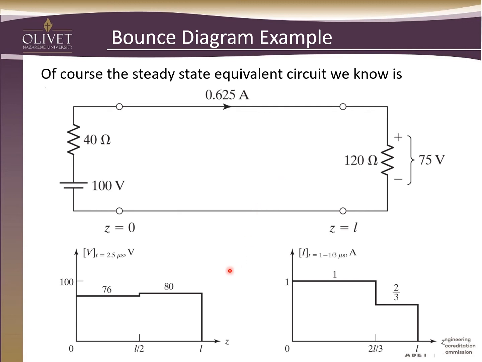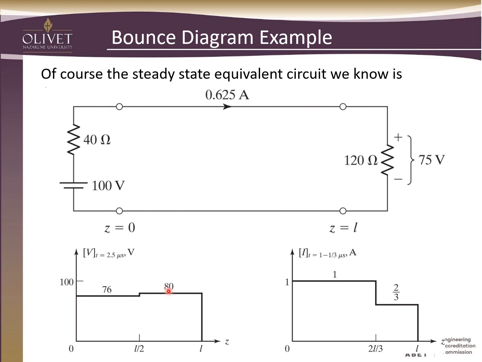So, if we were to take a snapshot of what's happening on our line, here's our line, here's where our source is, here's where our load is, and this is halfway in between. If we were to close the switch and then at 2.5 microseconds, halfway between our third step, this is what we would measure at every point on the line.